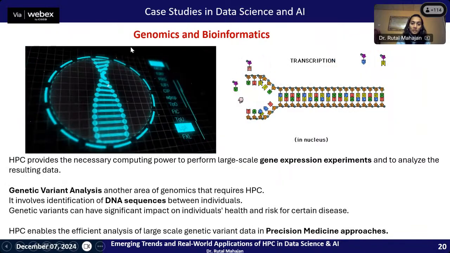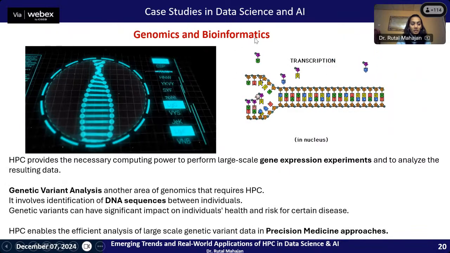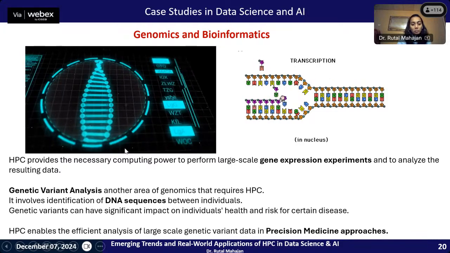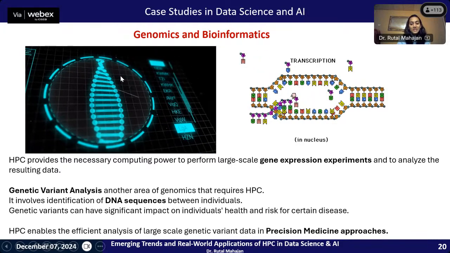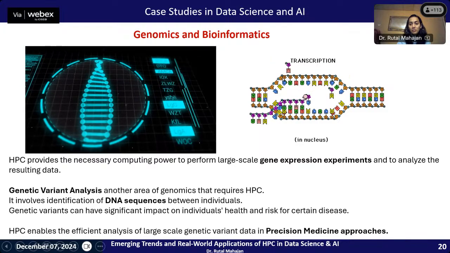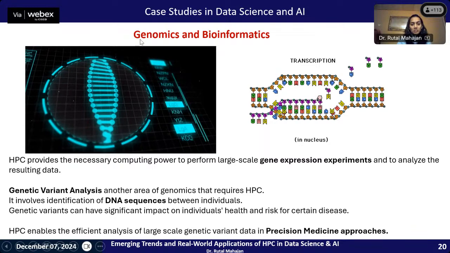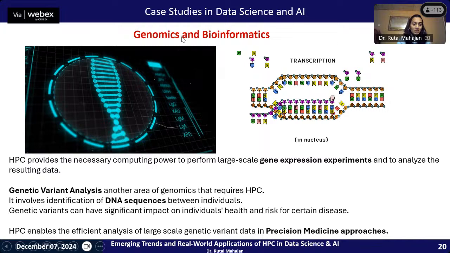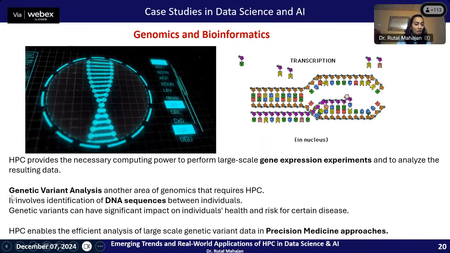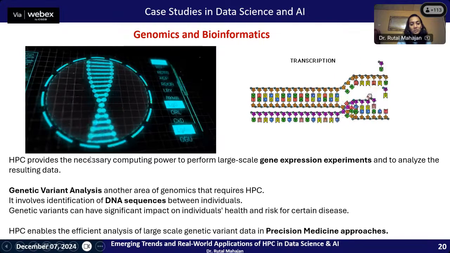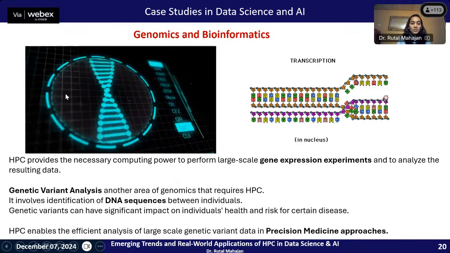In genomics and bioinformatics, HPC provides the computing power to perform large-scale gene expression experiments and analyze the resulting data. In genomics, there are various tasks, and one of them is genetic variant analysis. So this is another area of genomics that requires HPC.